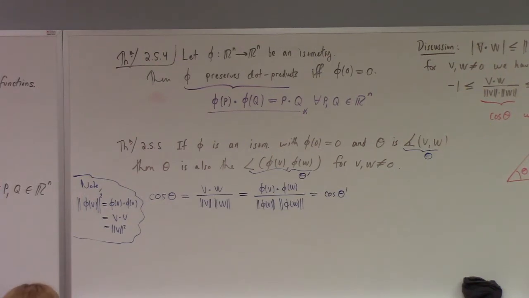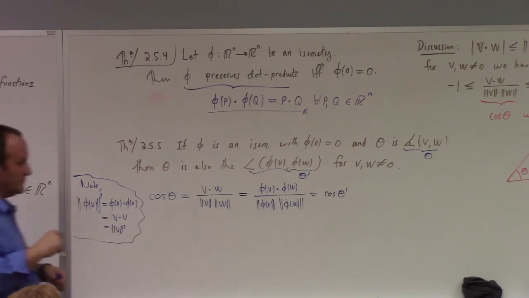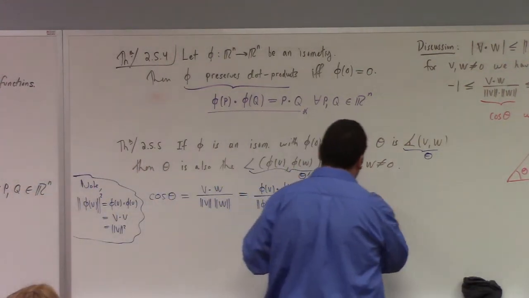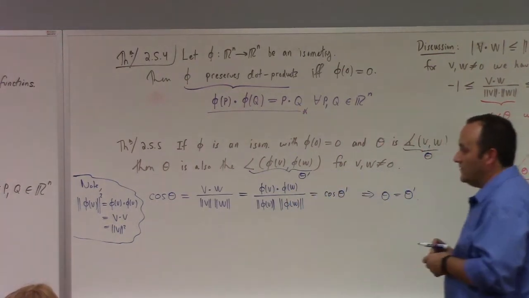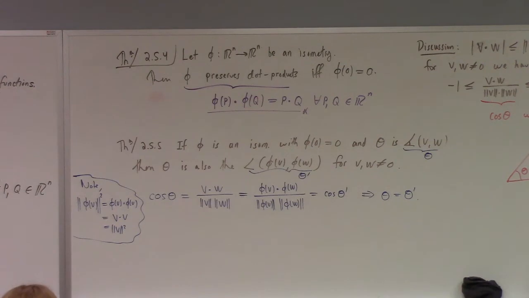So if the cosines of two angles between 0 and pi are equal, it forces the angles to be equal. Think about that. Between 0 and pi, cosine is injective. It never hits the same value twice. So that implies that theta is equal to theta prime here, which is what I set out to prove. So, great. Origin fixing isometries preserve angles.